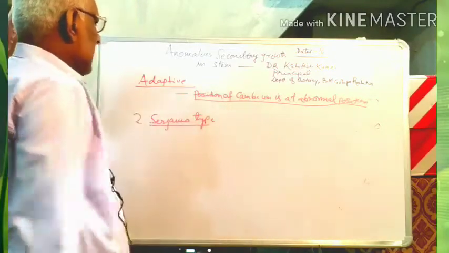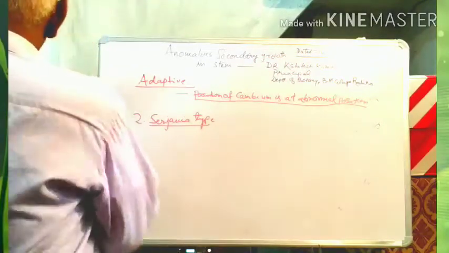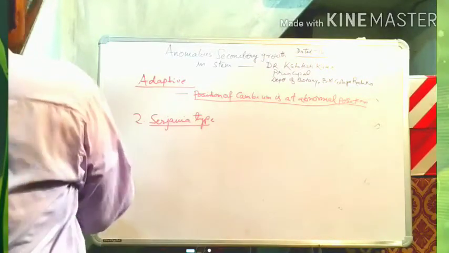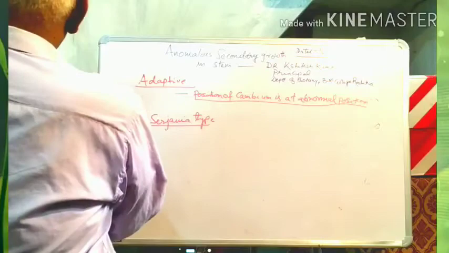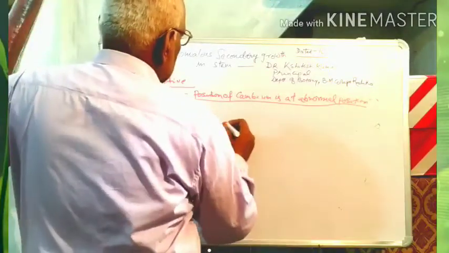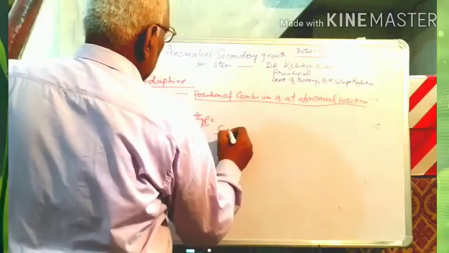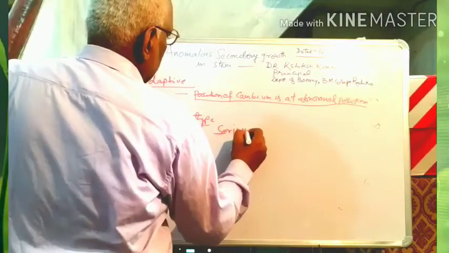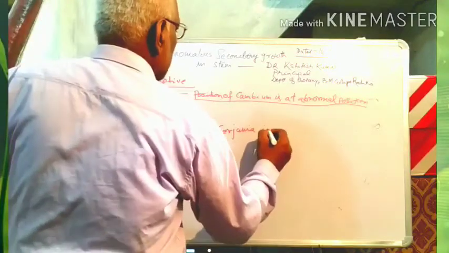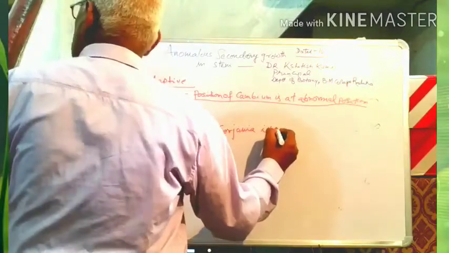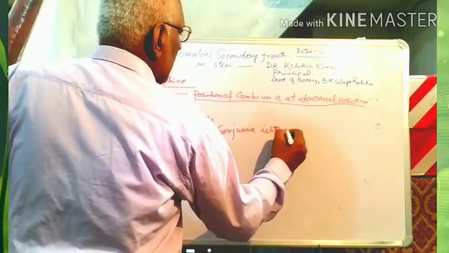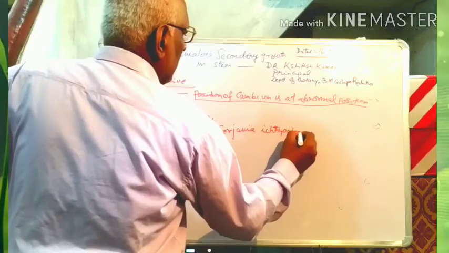Serjania is found in a species known as Serjania isthyoctoma.